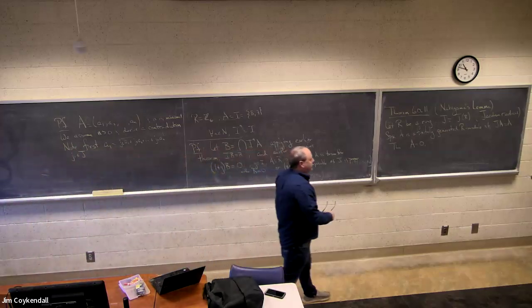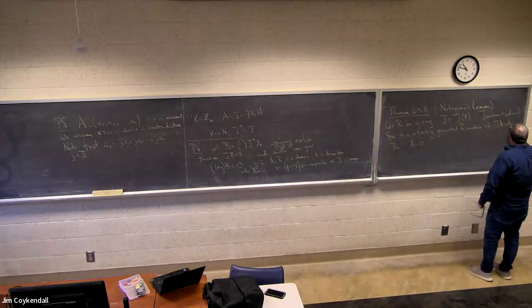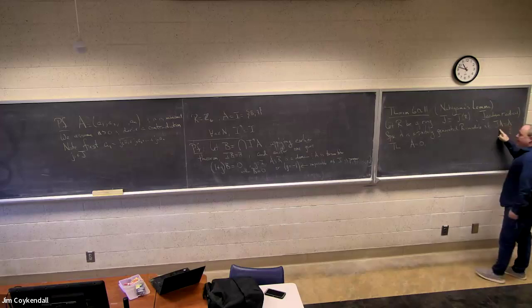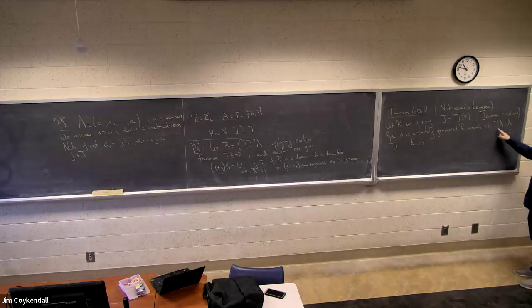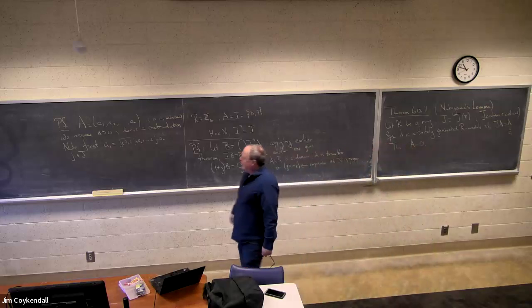This comes from the hypothesis, because if I have A1 in here, then it has to be a linear combination with multipliers from J times the generators here. Right? So I get this.